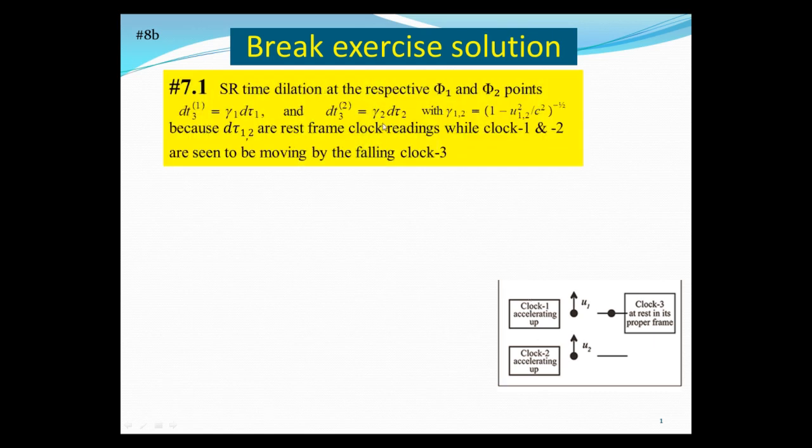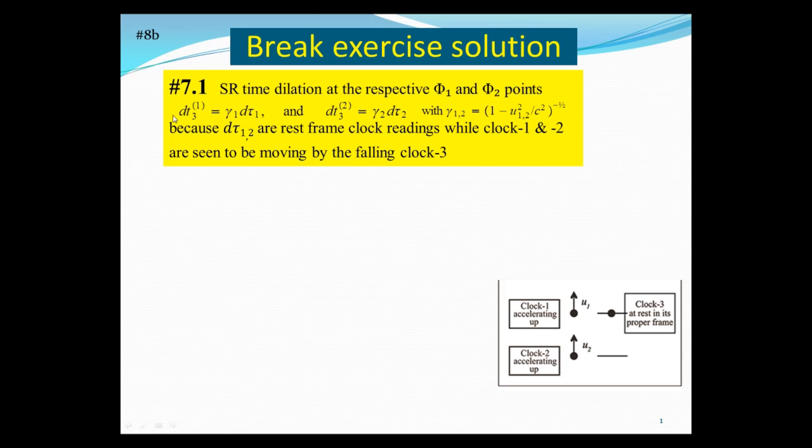When clock 3 passes through clock 1, it's moving with a velocity u1, or in other words, as far as clock 3 goes, clock 2 is moving up with minus u1. So therefore, there's a special relativity time dilation effect, because tau 1 is the rest frame clock for clock 1, but T3,1 is the time read by the observer with clock 3.